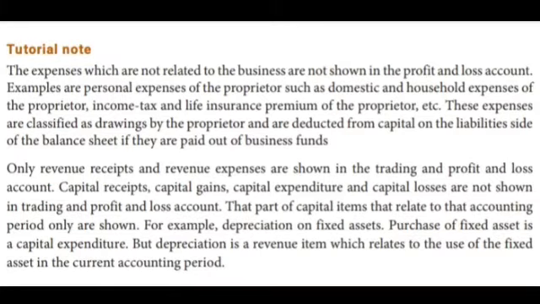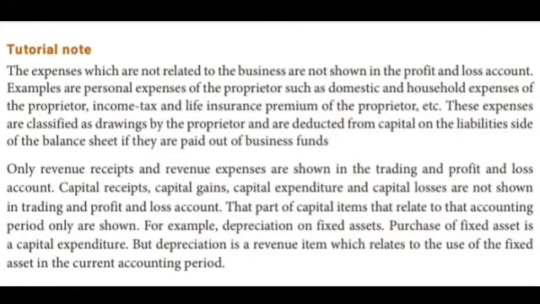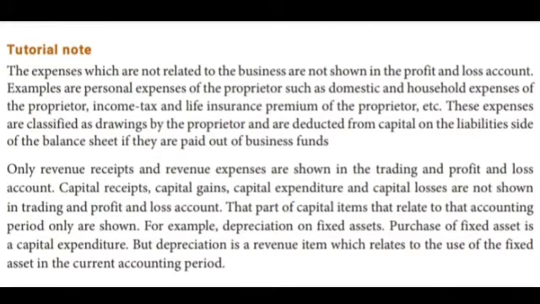Only revenue receipts and revenue expenses are shown in the trading and profit and loss account, isn't it? We saw this in the first class. Capital receipts, capital gains, capital expenditure and capital losses are not shown in the trading and profit and loss account. The part of the capital items related to the accounting period only is shown, for example, depreciation of fixed assets.